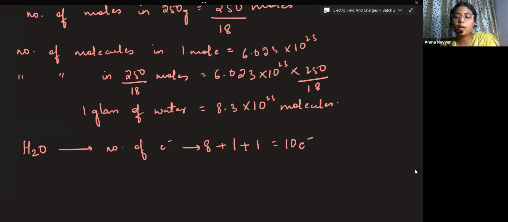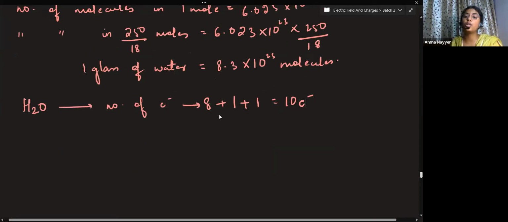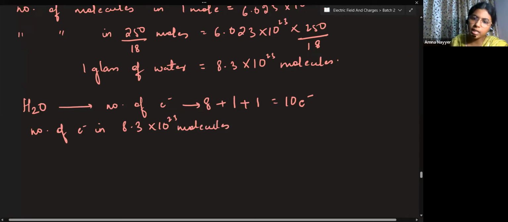Now you have the number of electrons. See, you have to calculate the number of electrons in this much molecules, means the number of electrons in 1 glass of water. And 1 glass of water is having how many molecules? 8.3 into 10 to the power 23 molecules. So the number of electrons in 1 glass of water will simply be 8.3 into 10 to the power 23 multiplied by 10.